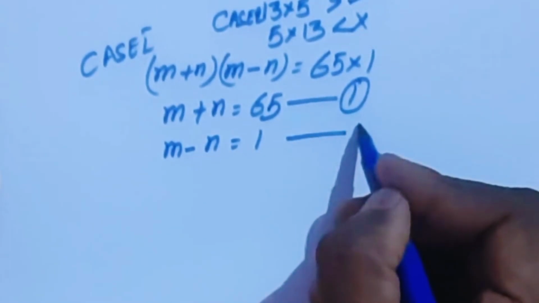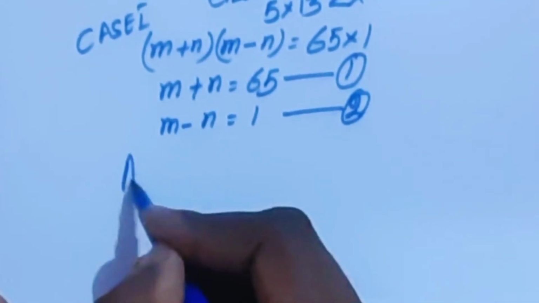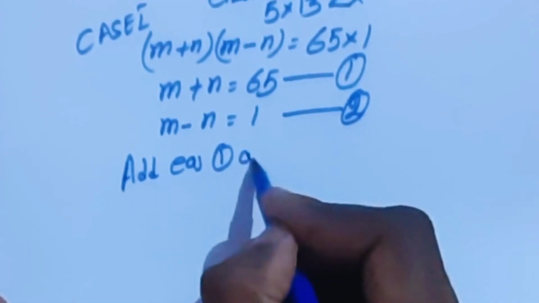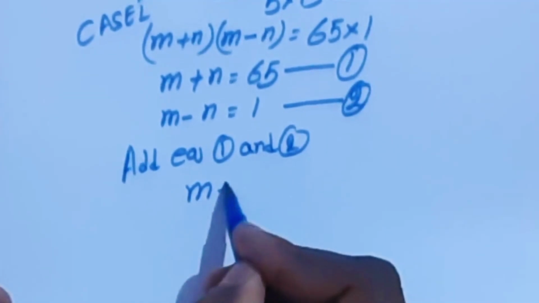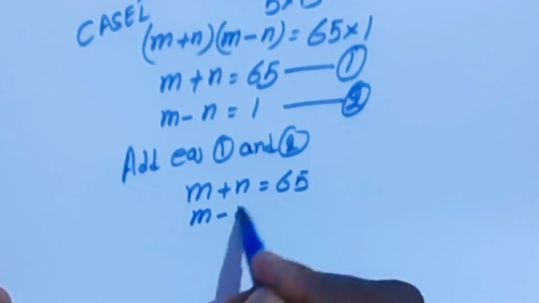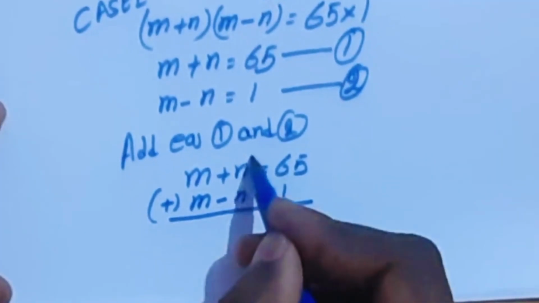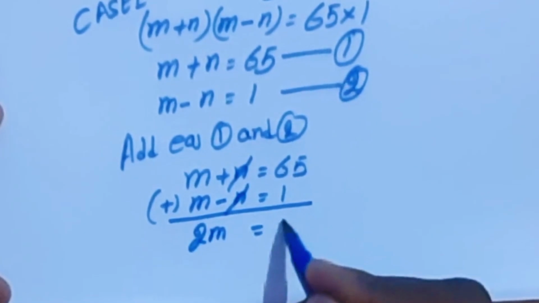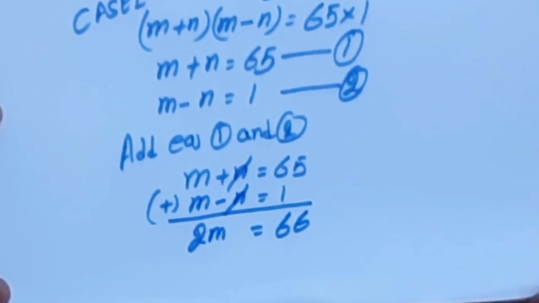This is equation 2. Now we are going to add equation 1 and 2. So we'll get here m plus n equal to 65, m minus n equal to 1. So this n cancels this. Here we have 2m equal to 66. 65 plus 1 is 66.